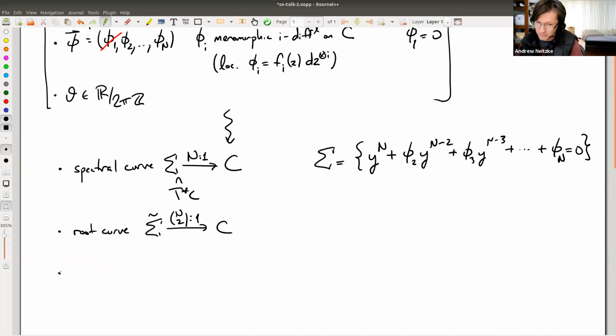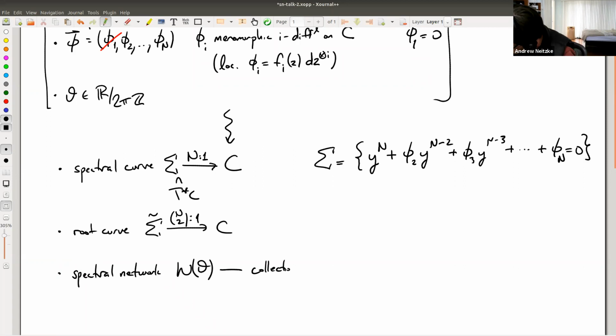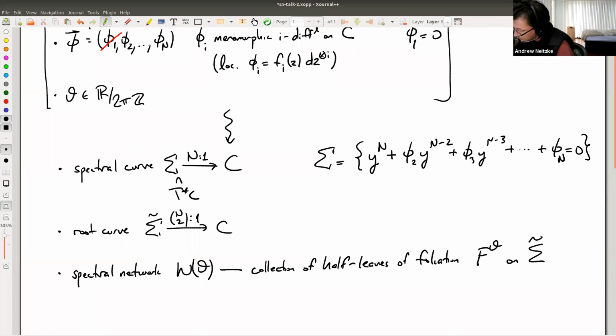The key thing that I spent most of my time trying to construct was what I called the spectral network, W of theta. The most precise way of describing it, I think, is as a collection of half leaves of a canonical foliation, F theta, on sigma twiddle, which we defined last time.